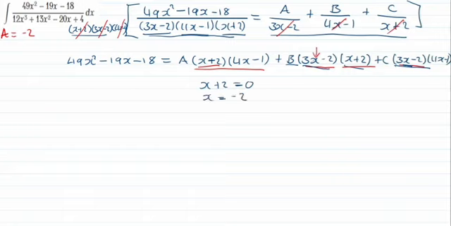So if you plug in negative 2 throughout, you see that our a and b are going to cancel out. So what we will have is 49 multiplied by negative 2 squared minus 19 multiplied by negative 2, then minus 18 is equal to, when you put negative 2 here, it's going to be a 0, meaning everything will be 0.